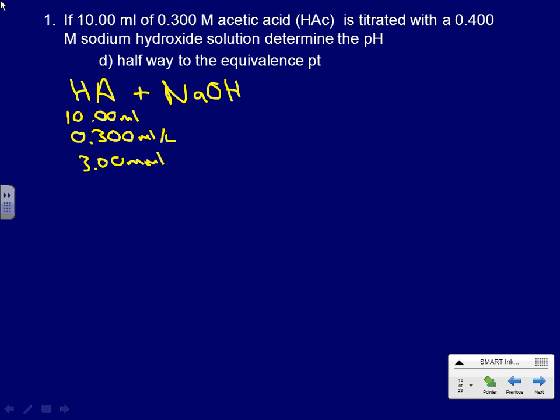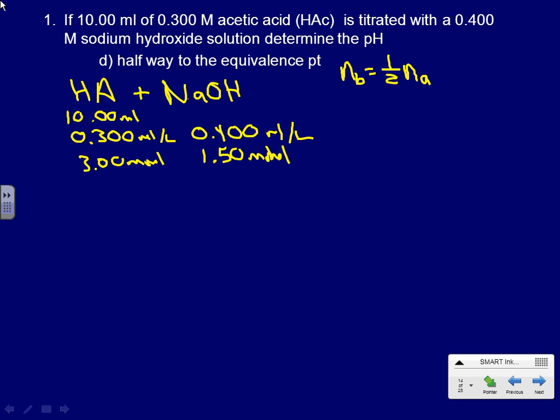And I am halfway to the equivalence point. So the amount of base added is equal to half the amount of acid. I think I wrote that wrong at the beginning of this note. Simply it means I'm going to have 1.50 millimoles. Still 0.400 moles per liter.